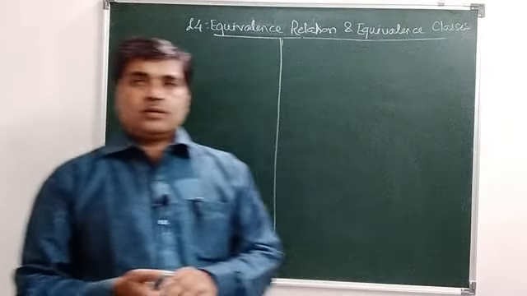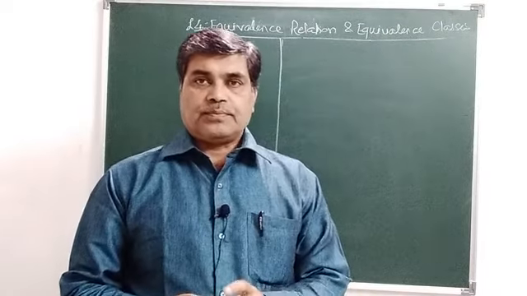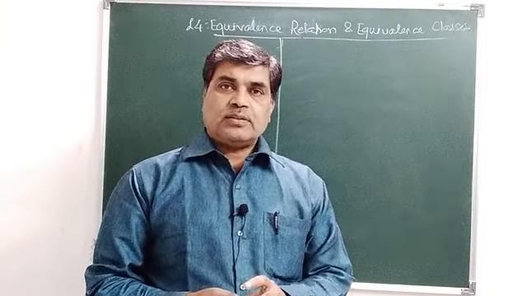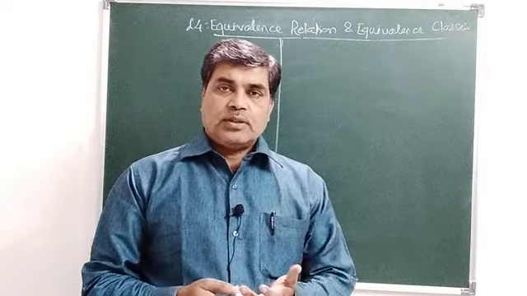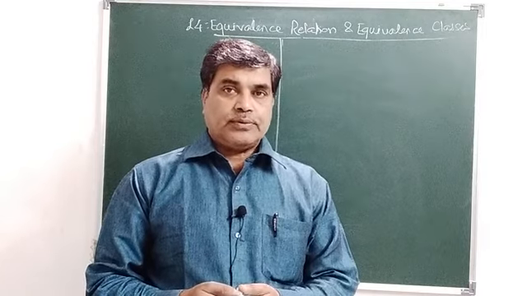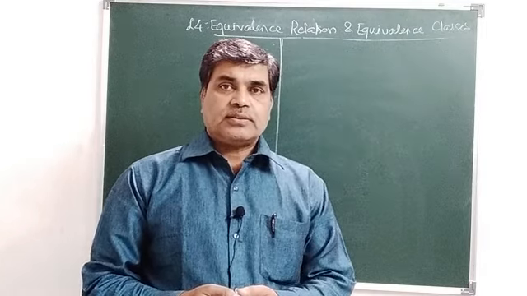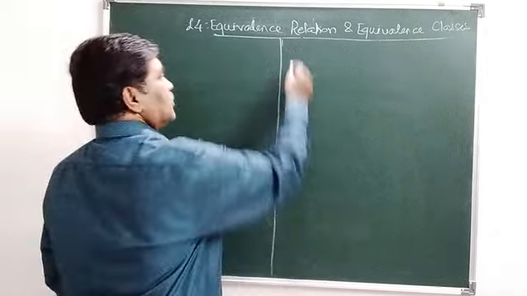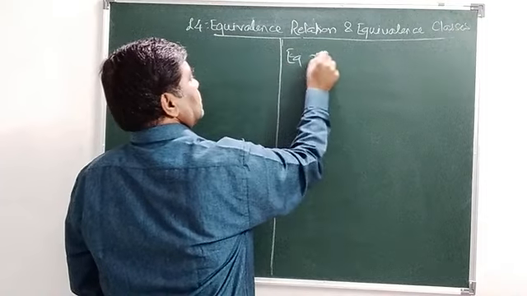Hello students, in the previous lecture I discussed the equivalence relation, a relation which is reflexive, symmetric and transitive. It's called an equivalence relation. So what is the equivalence relation?